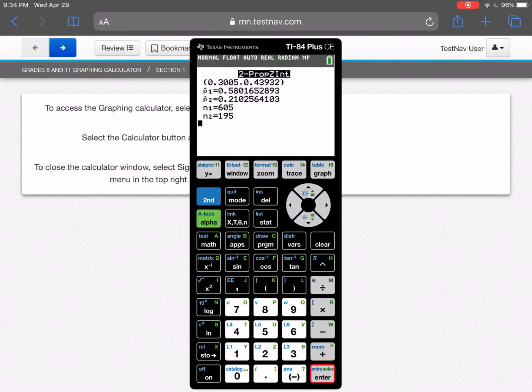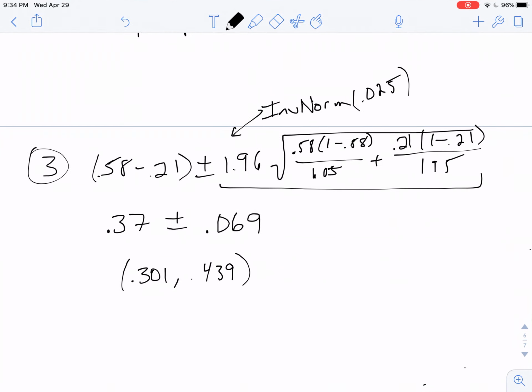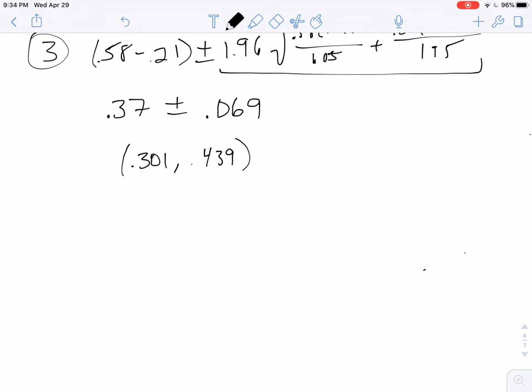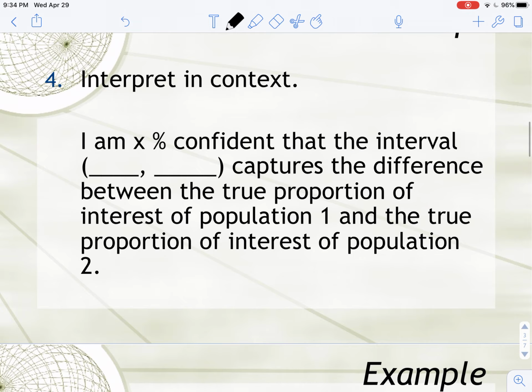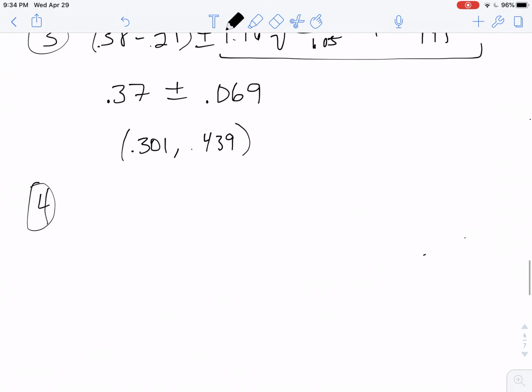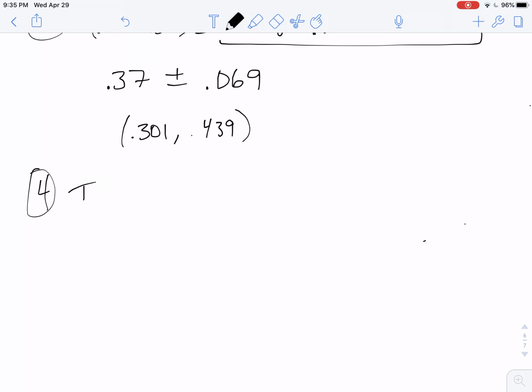Okay, so that is step 3. Now I'm going to move to step 4, where I do my interpretation. So again, if I just use that template that I have here for step 4, putting it in context, it's going to look something like this.